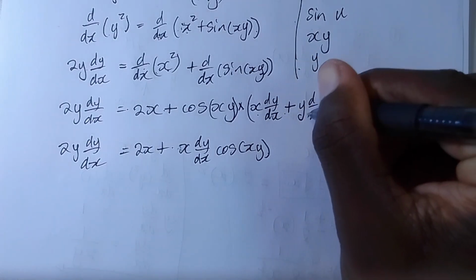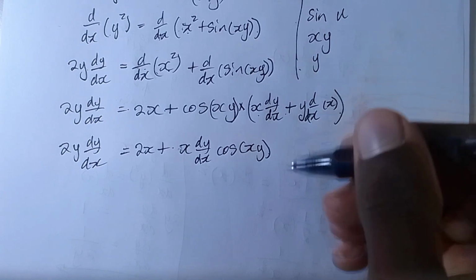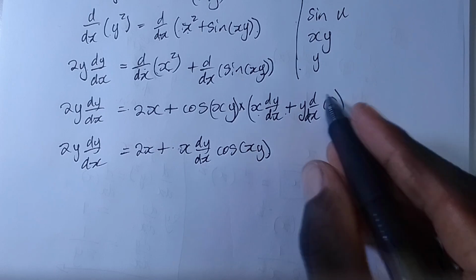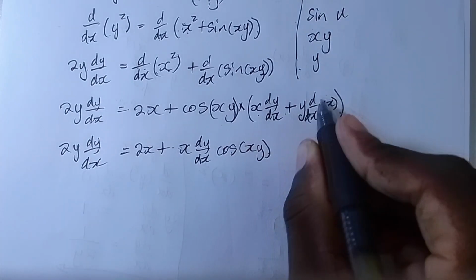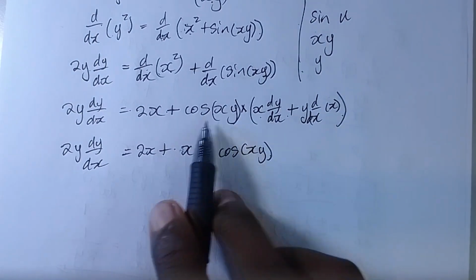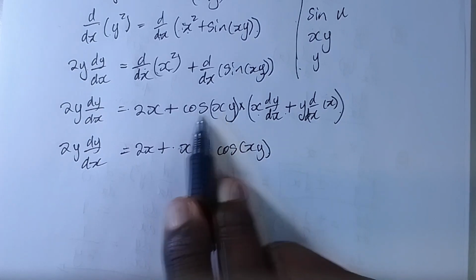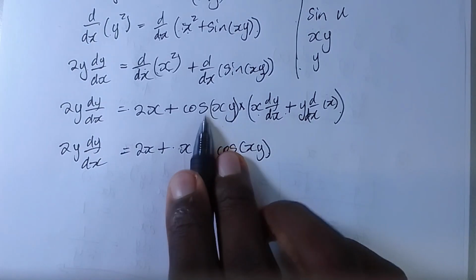So the derivative of x is 1. You know that. I don't need to complicate things. Now this is just y, so we'll multiply it by cos xy. So it's y times cos xy.